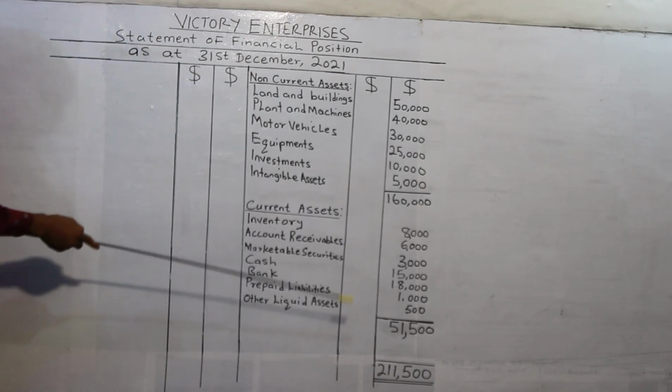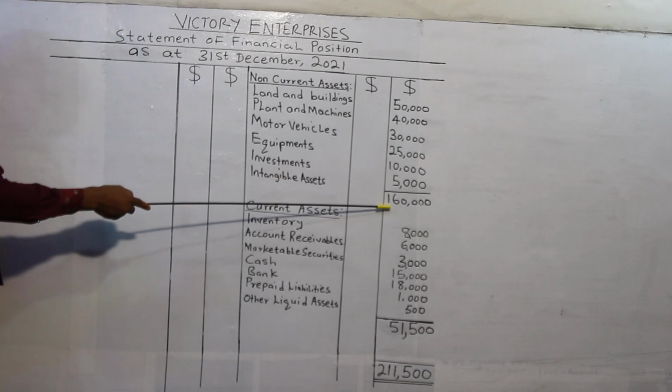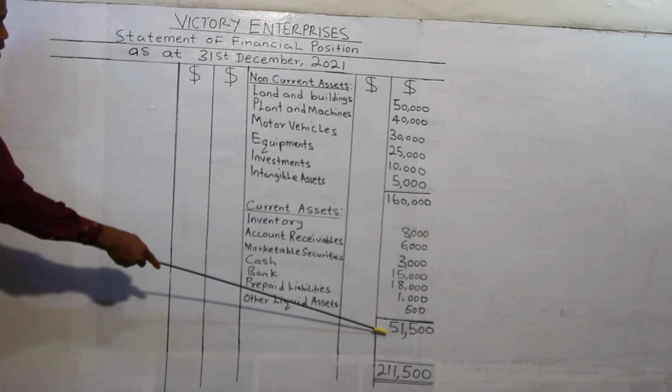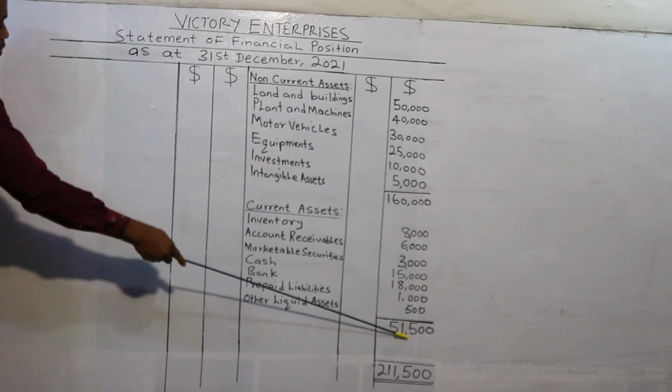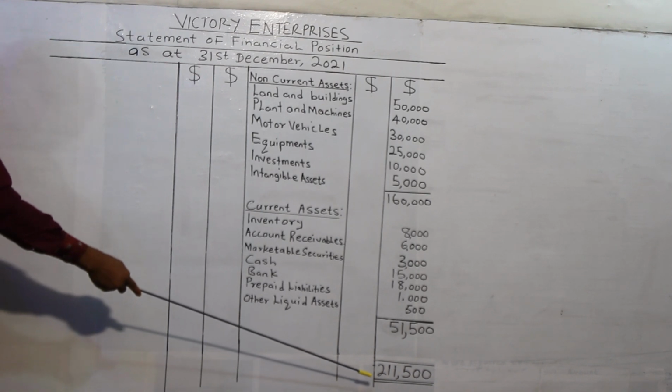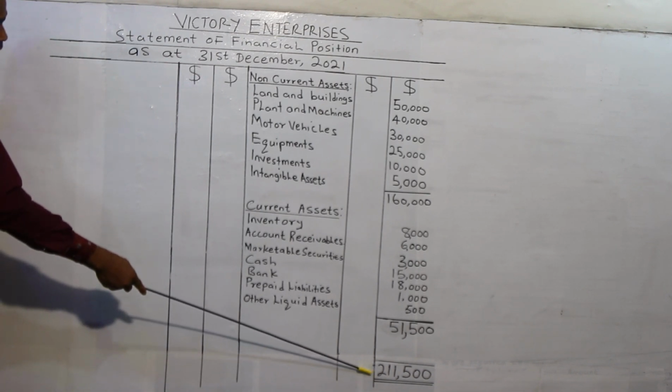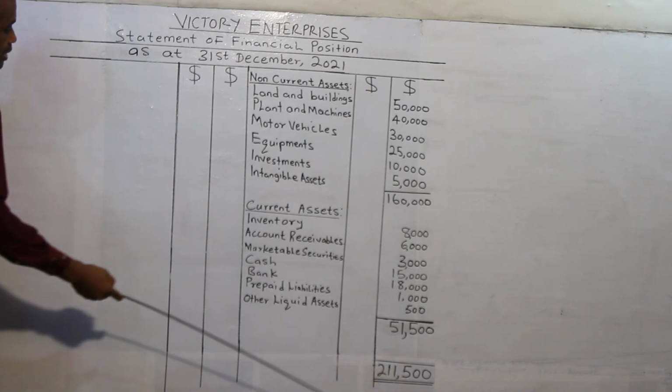So if we add the total of the non-current assets, 160,000, plus the total of the current assets, 51,500, it gives us a total asset value of 211,500.